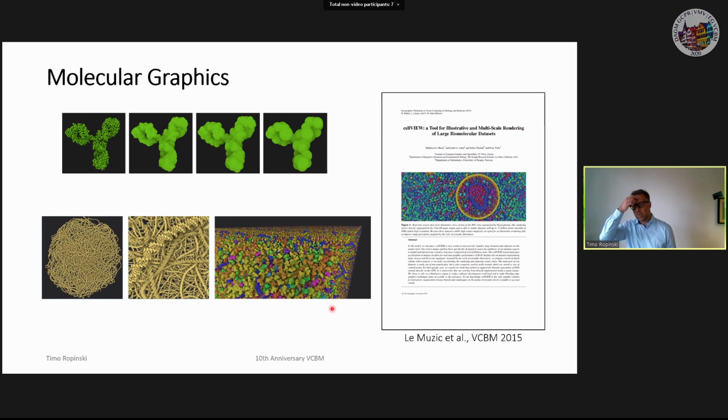So what they do is borrow from graphics to realize level of detail rendering techniques, and then they can visualize crowded environments of cells. This was highly regarded also outside of the core visualization community by biologists and other domain experts, which actually facilitates this technology.